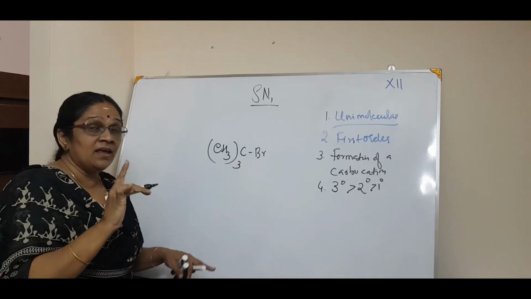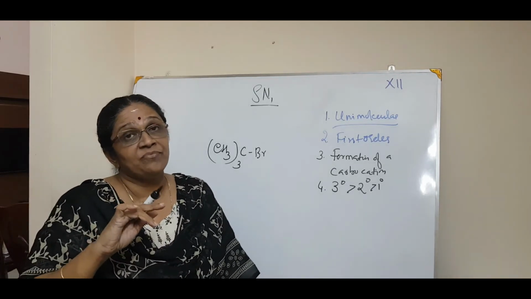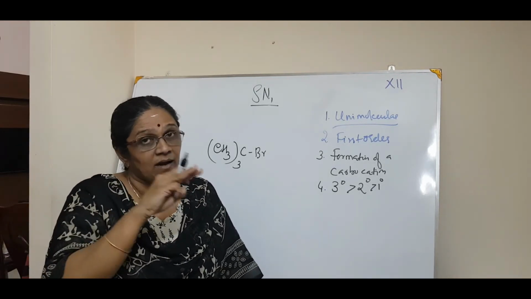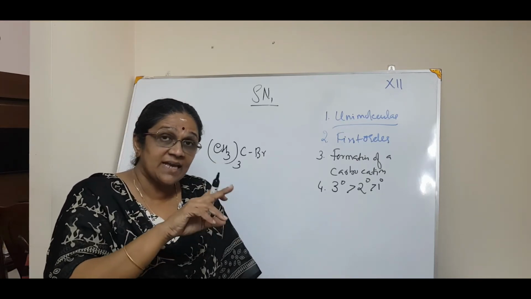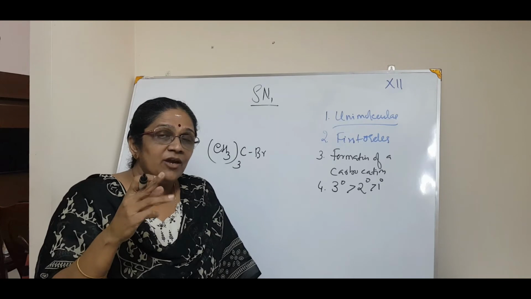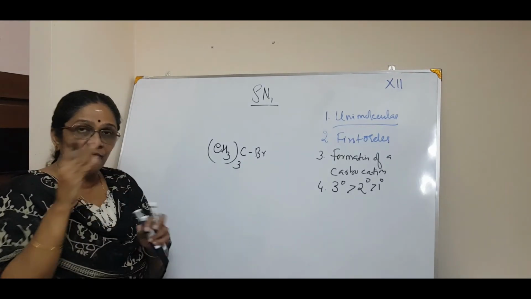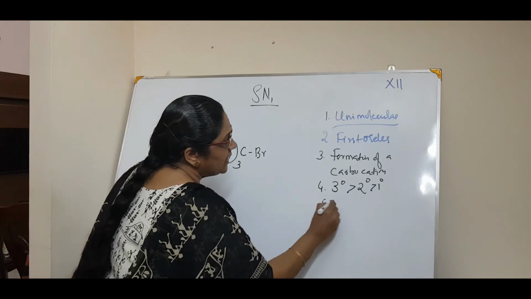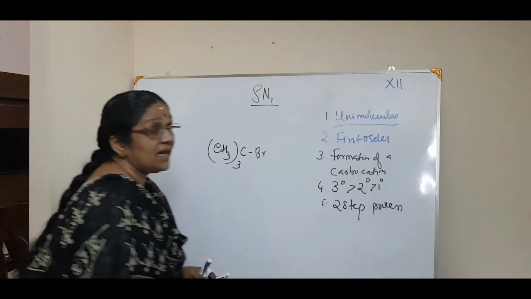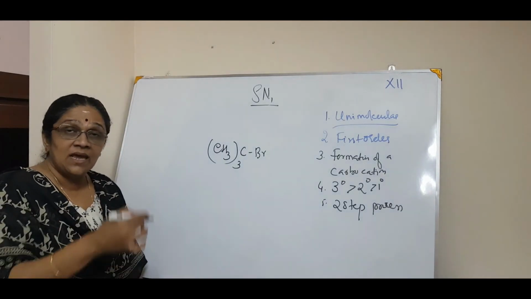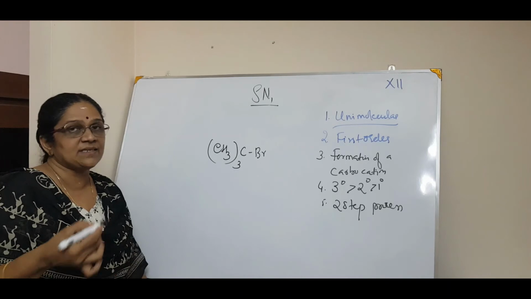And again, the SN2 mechanism follows a single step, but the SN1 mechanism follows a two-step reaction, the opposite. So here it is a two-step process, that means it occurs in first step and second step.